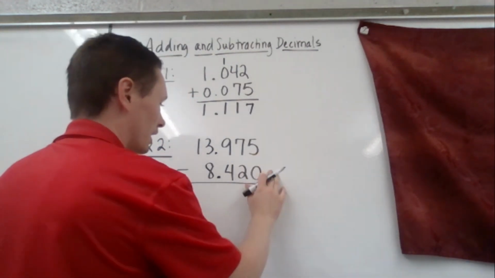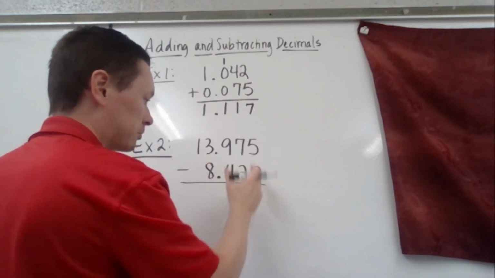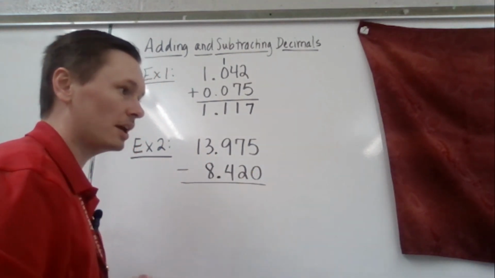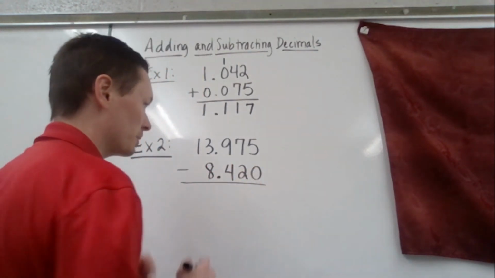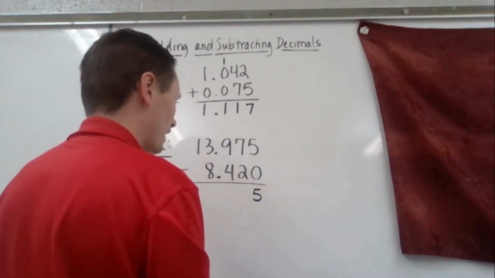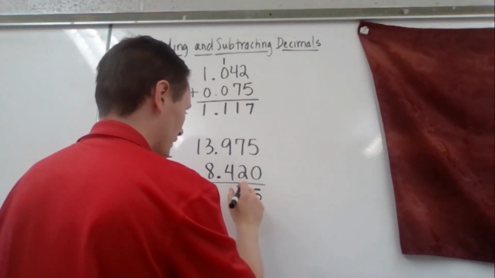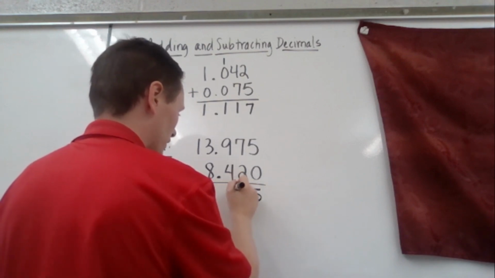All right, so let's look at how to do this. If you look here, I had to line my decimal points up, and if I didn't put the 0 here, it'd be a blank, which most of you would say, obviously it's 0, but we want to put that placeholder 0 in there so we know that it's actually a 0. So we have 5 plus 0 is 5, 7 plus 2 is 9, and then 9 plus 4 is 13.